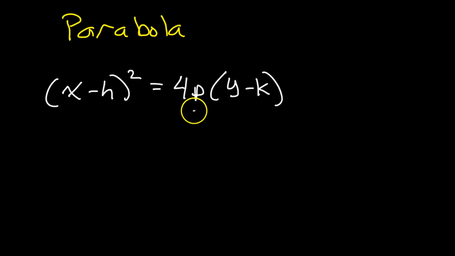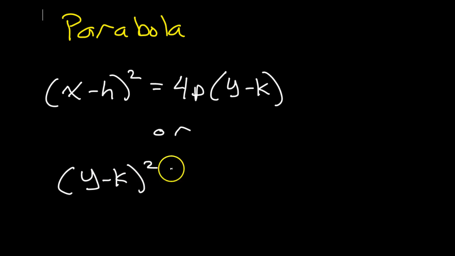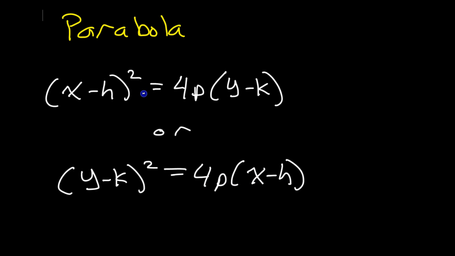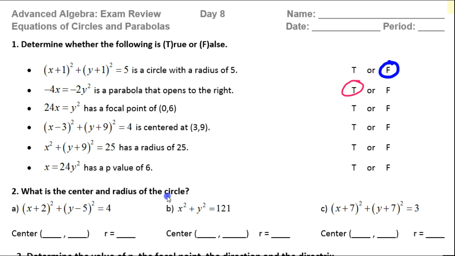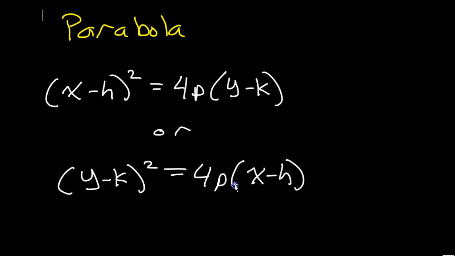Okay, that's how it looks if the x is squared. If we have the situation where the y is squared, then it's y minus k squared is equal to 4p times x minus h, not squared. So which one of these situations are we in? We see that the y is squared. Okay, so we're dealing with this bottom one.